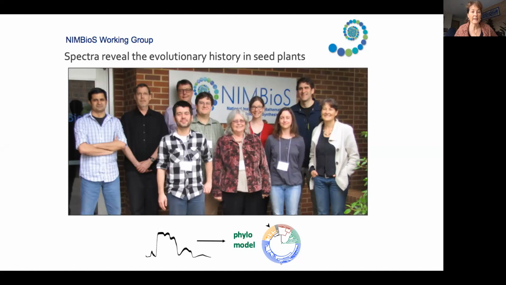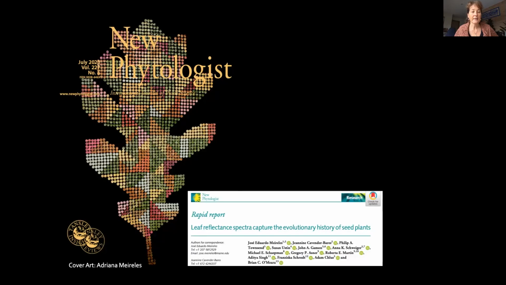So this is the group that came together. And I already mentioned Dudu, Jose Eduardo Meireles, who was a lead author of the work that came from this, and you can find that study here.